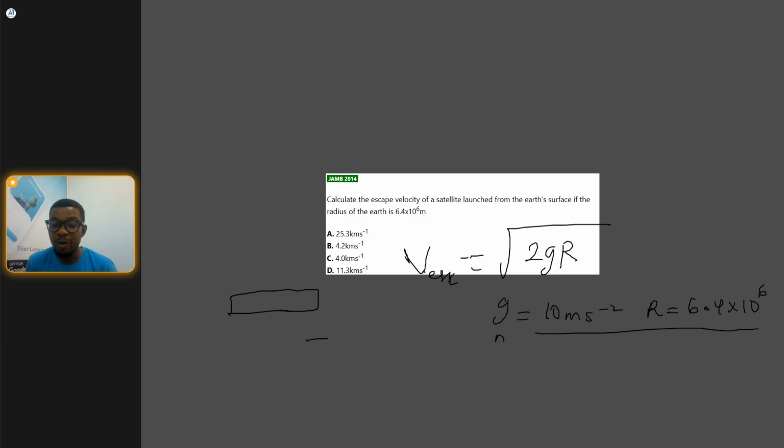If you are conversant with the example I did lastly, it's almost the same question. It was even the same value that was given. The first one I wrote the whole answer together, but in this case it was written in kilometer.